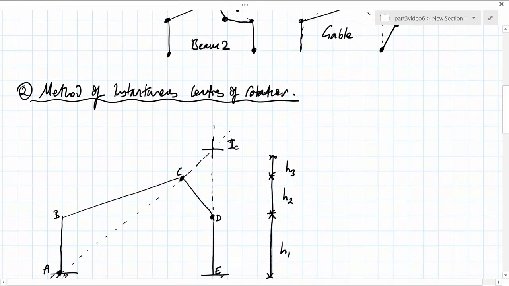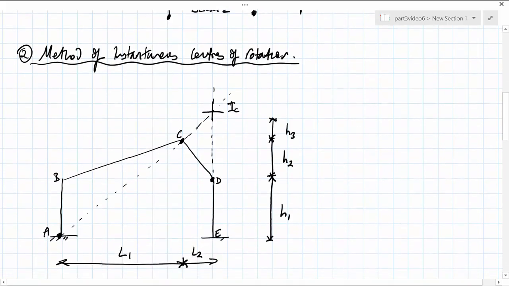The method of instantaneous centers of rotation is used to evaluate the complex kinematics of structures that feature inclined members. The point of this procedure is essentially to determine the displacements delta and angles of rotation.